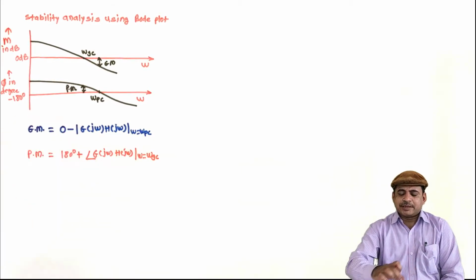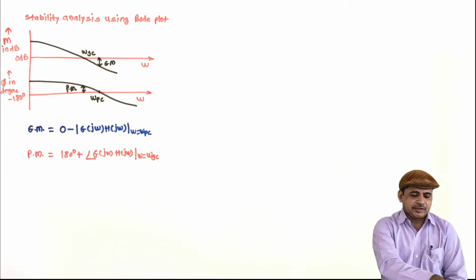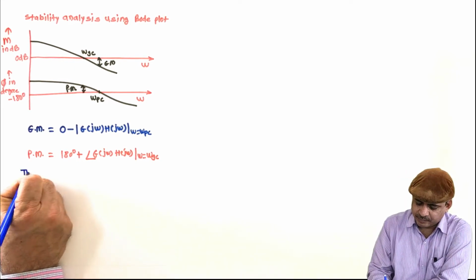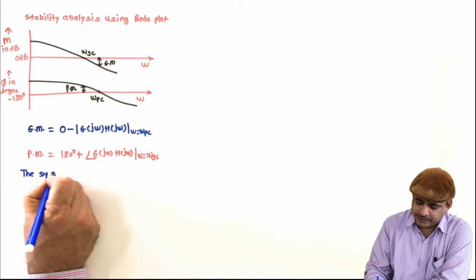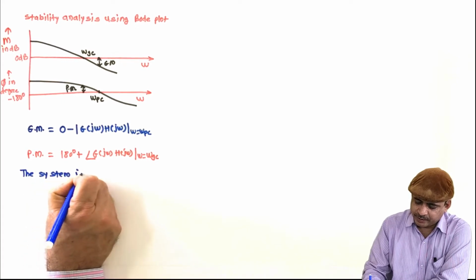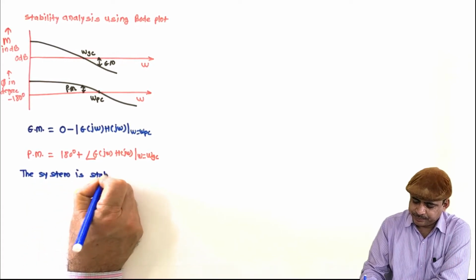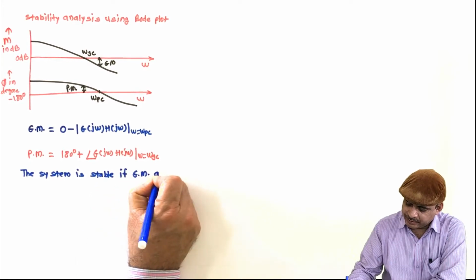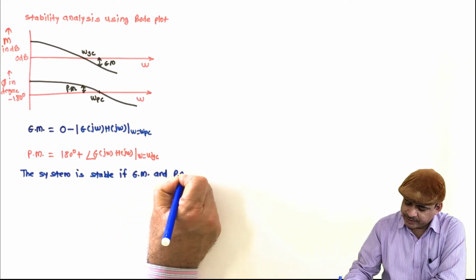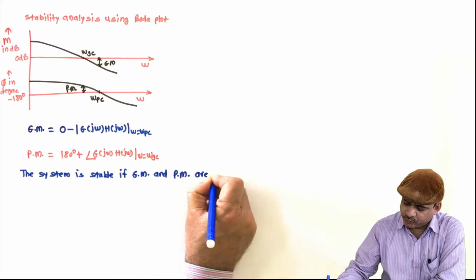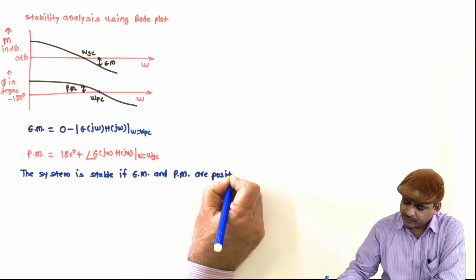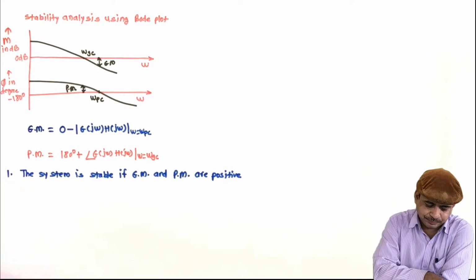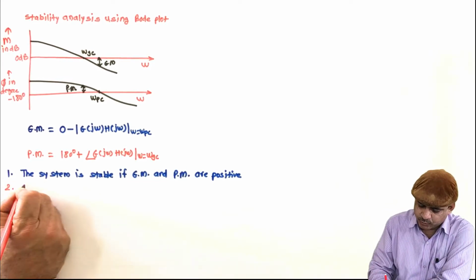So once these two margins are obtained, then the stability is decided as follows. 1. The system is stable if gain margin and phase margin are positive. 2.